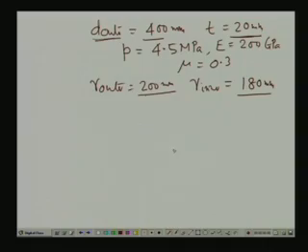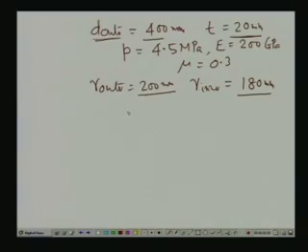Now, if we compute the values of the stresses, first let us look into the cylindrical part and then subsequently we will go to the spherical part. For the cylindrical part, the change in the length will be the elongation in the longitudinal direction. So, we have to compute the strain in the longitudinal direction and the corresponding change, and then we will look into the hemispherical length and the change in the radius.